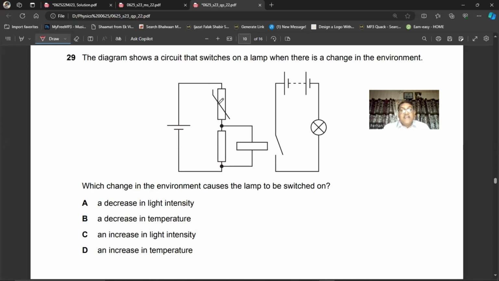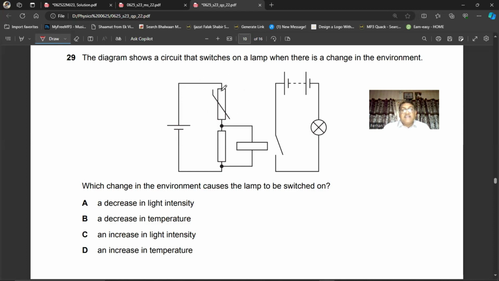So the voltage drop here will decrease. Then the voltage drop across this fixed resistor will increase. So this will become a stronger magnet and it will attract this toggle, this switch will be closed and this lamp will light.